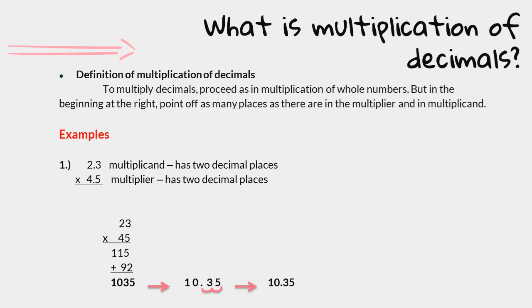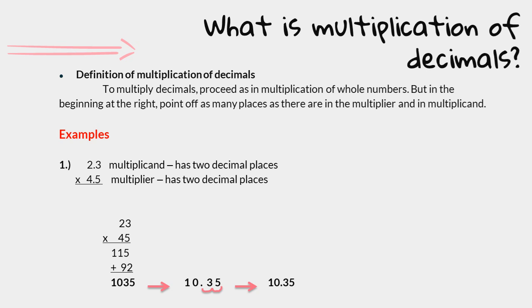So, saan ba ilalagay ang decimal point, class? Ngayon, babalikan natin yung mga factors natin. Bibilangin natin yung decimal places o decimal place values ng bawat factor and then i-add natin sila.